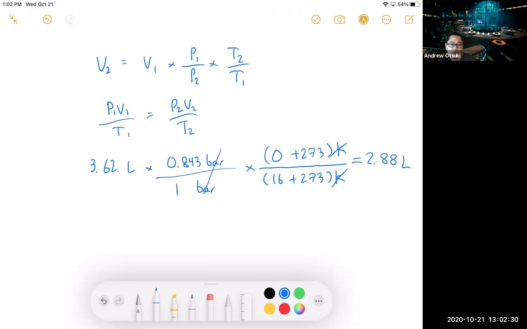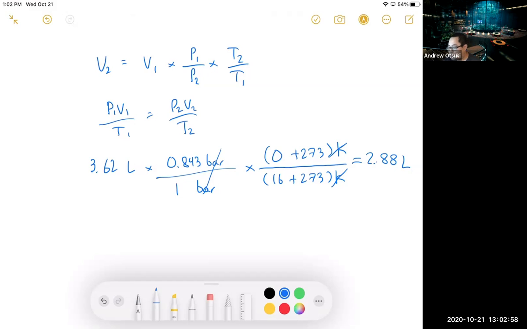So my fraction for the pressure should be less than 1, and it is. So that will give me a smaller fraction. So my volume will decrease when I multiply it. And my temperature, I went from 16 to 0. So my volume should go down, so my fraction should be less than 1. And in fact, it is for the temperature. So that's a good check.